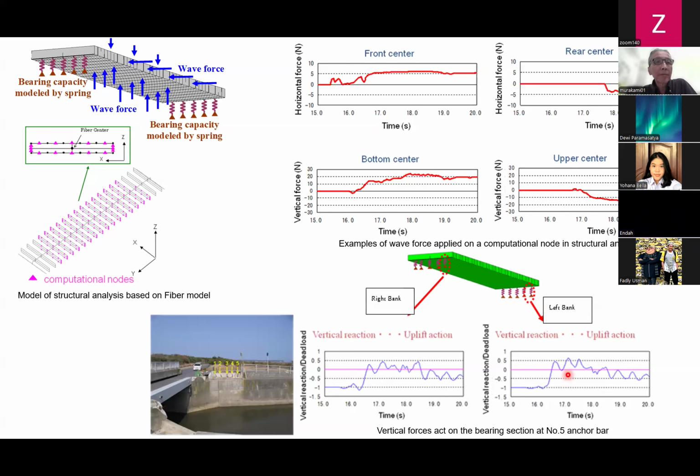This is anchor number 5, and this is also anchor number 5. So the load acting on these number 5 anchors exceeds the dead load here.